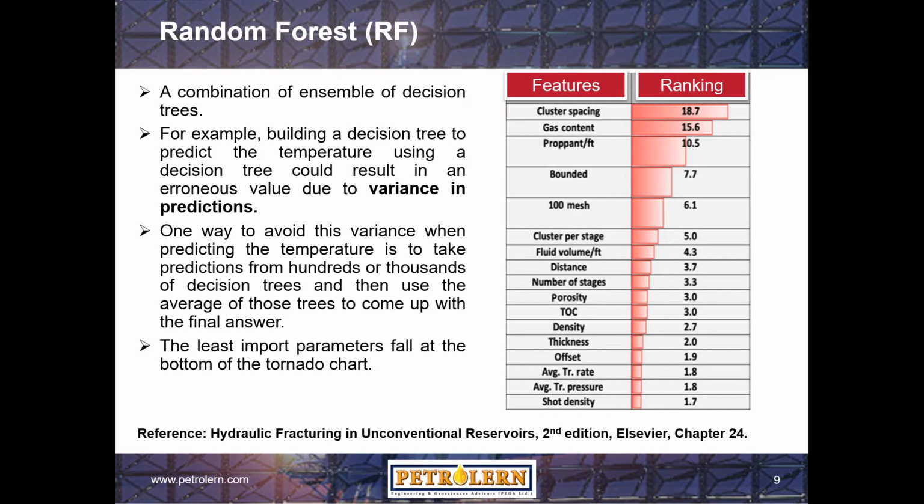Well, that comes from lack of understanding of the data. Your data set tells you that the most important feature in this synthetically generated data set is cluster spacing. Now, why would you go and play around with shot density if the importance of that parameter is less than 2%, whereas the importance of cluster spacing on the production performance is over 18%?